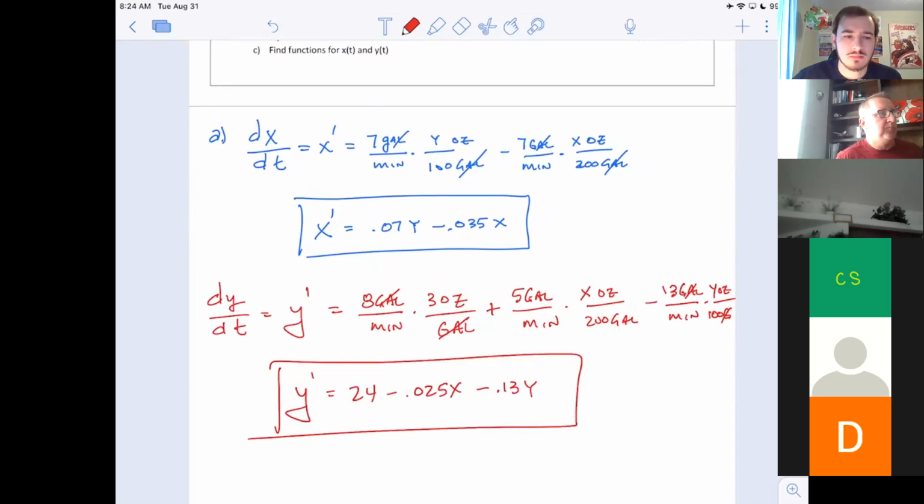Is this supposed to be plus 0.025x? Yes. Okay, just making sure. That was a plus. Thank you. I was actually just about to check my answers. I'll do that.